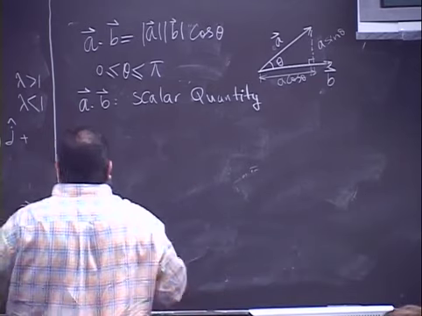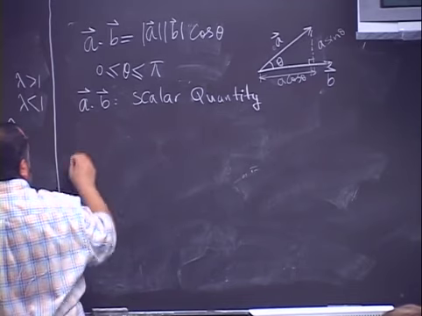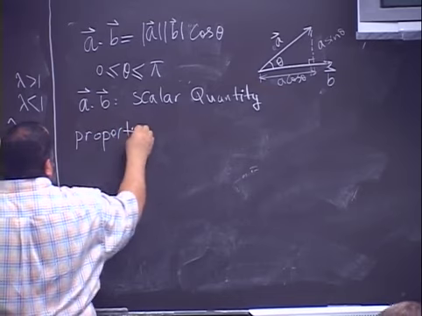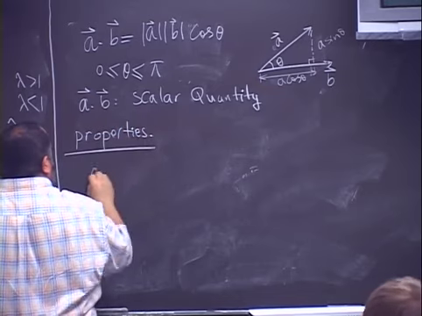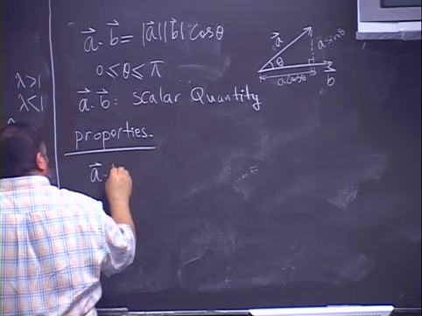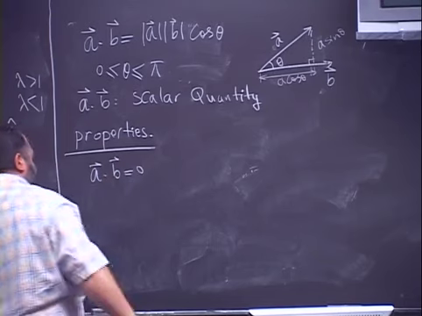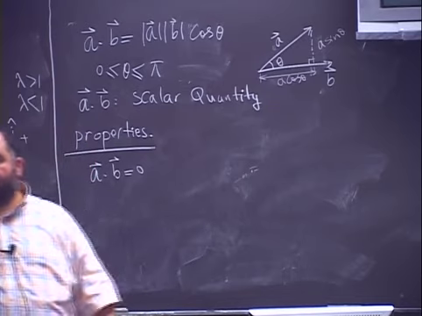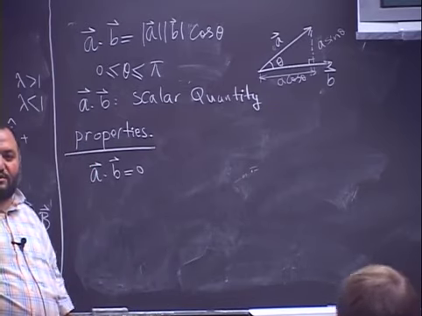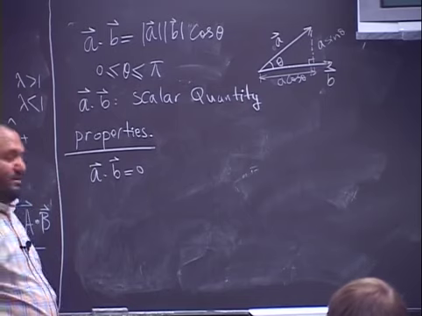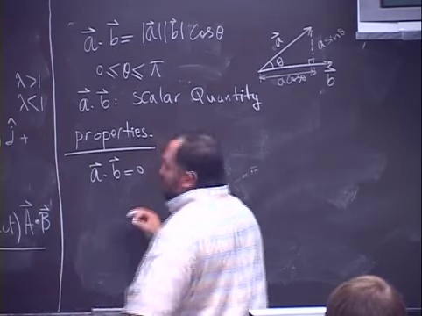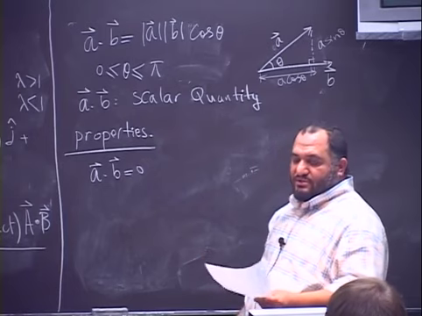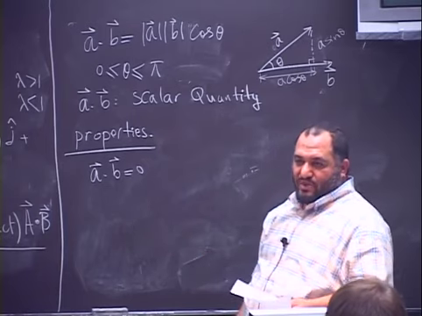So if we have the properties of the vector, if we have vector A dotted with vector B and the dot product is equal to 0, what does it mean? If the vector A dotted with vector B is equal to 0, theta is not 0, because if theta is 0, cosine 0 is 1.